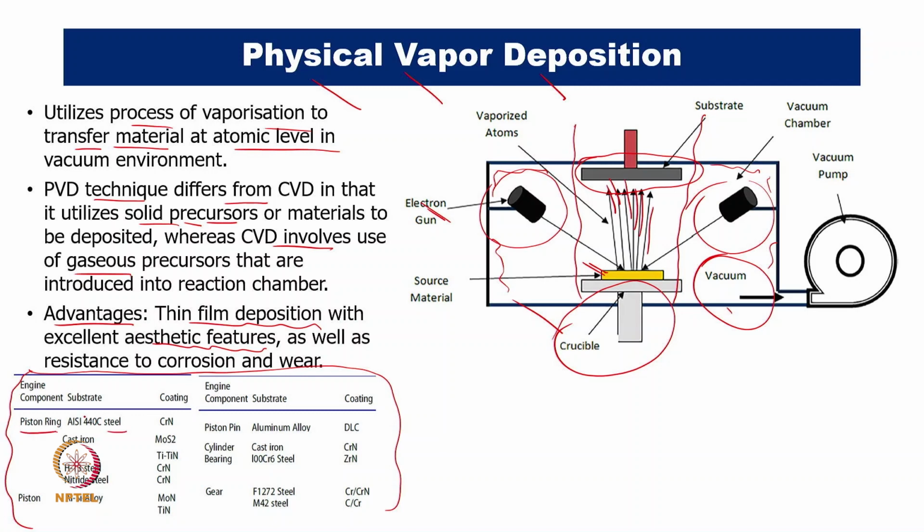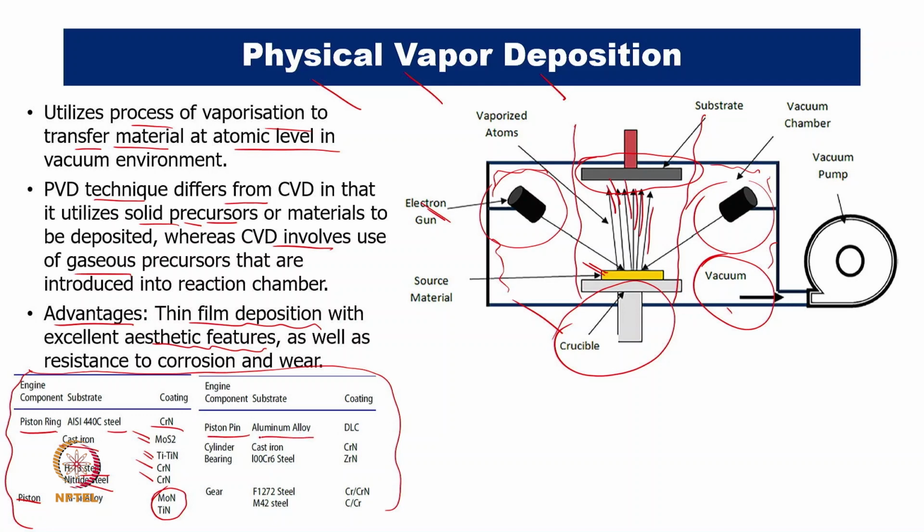When the piston rings are made of steel, chromium nitride has been applied. When the piston rings are made of cast iron, molybdenum disulfide and titanium nitride have been applied. For steel, again chromium nitride has been applied. When the piston is made of aluminum with the silica percentage kept on a higher side, we can also have a MoN coating and a titanium nitride coating.